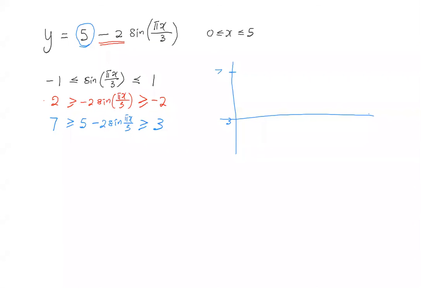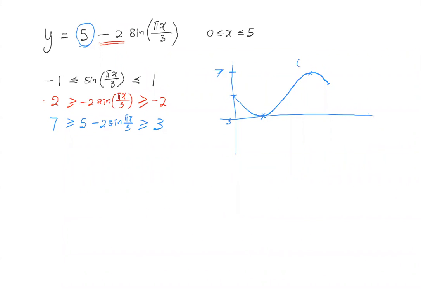The graph goes in between 7 and 3. 7 plus 3 is 10, so the middle is 5. So you go like that, correct? Am I right? Yes. So plotting trigo graph is an easy task. From here you can straight away find the minimum and the maximum.